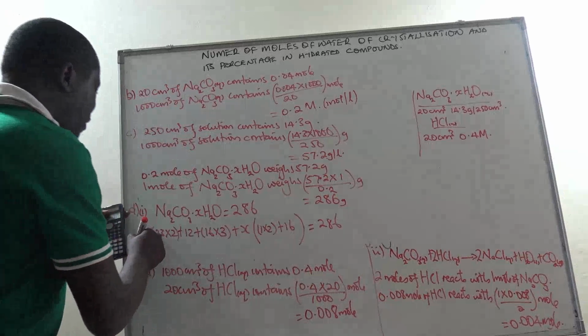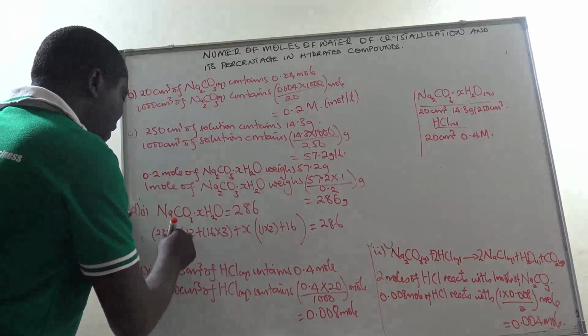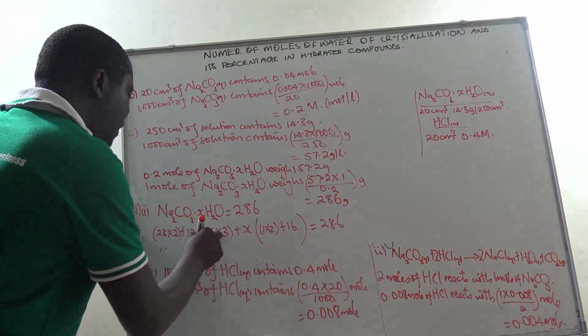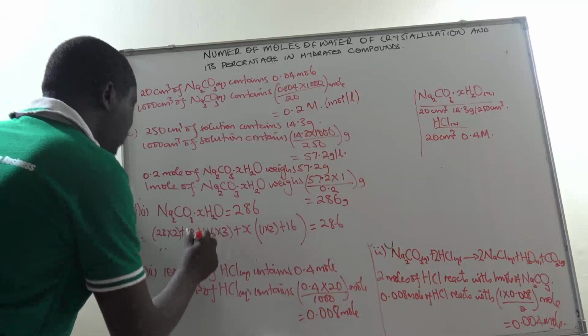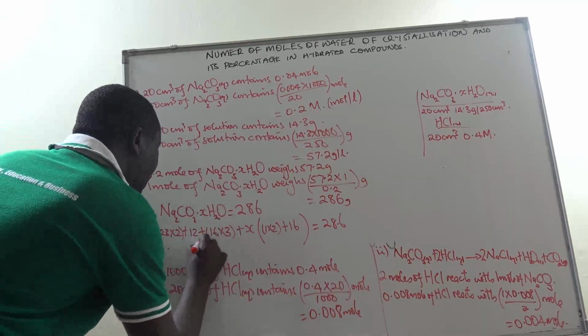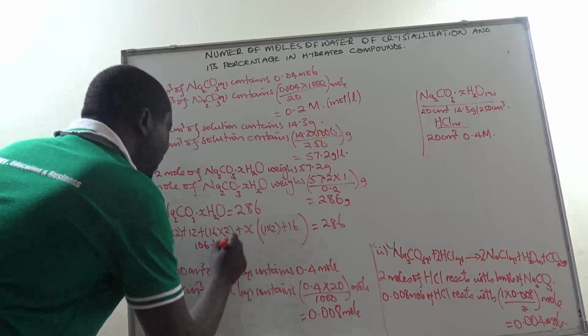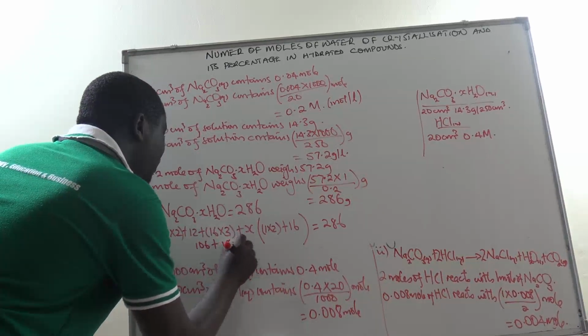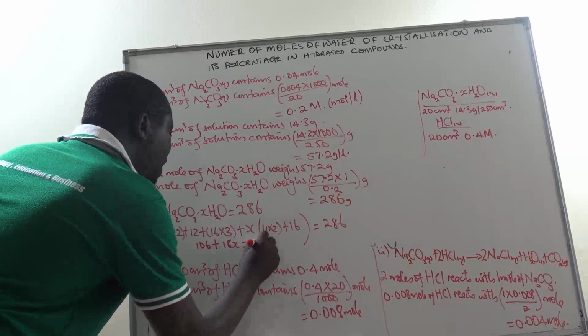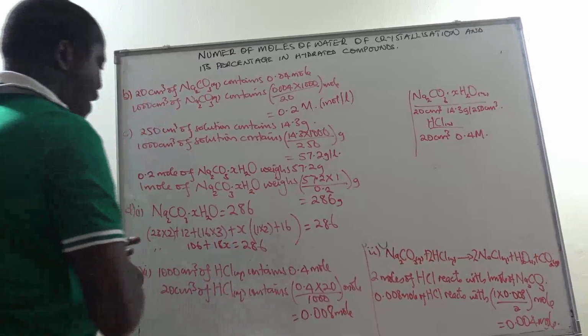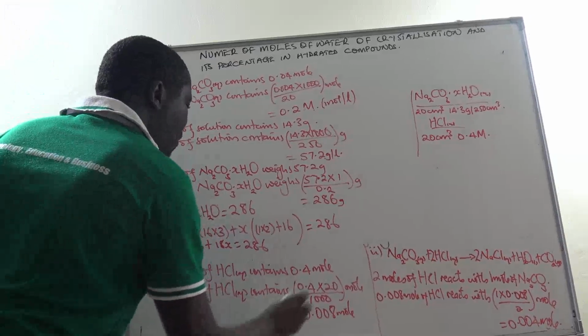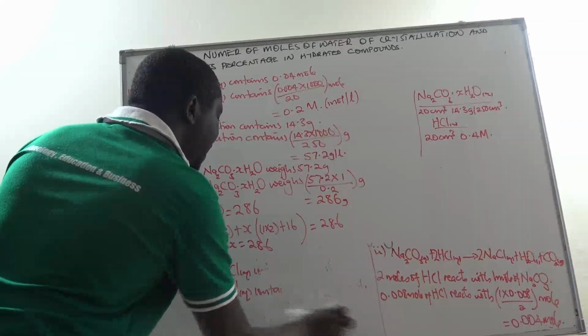So this one here is 46. 46 plus 12 is 58 plus 48 is 106. So 106 plus 16 times 2 is 18. So we have 18x should give us a total of 286. Then let us look for the value of x in this case.